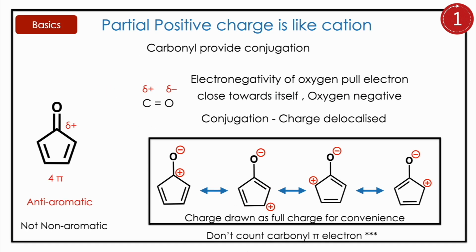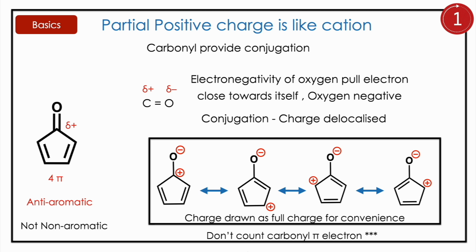Then the next important basic: a carbonyl carbon can act as a delocalized carbon. Why? Because oxygen is electronegative and pulls the electron cloud towards itself. So the carbon has a partial positive charge. So what will happen? It is like a cation. A cation can help for delocalization and provide the conjugation.